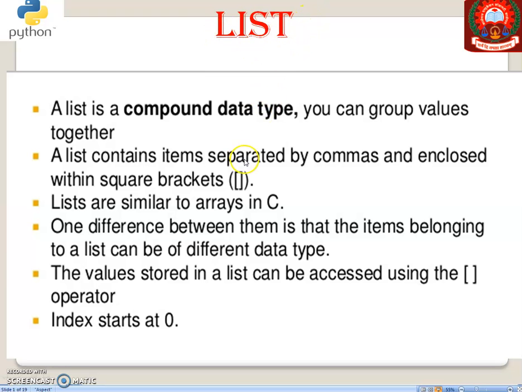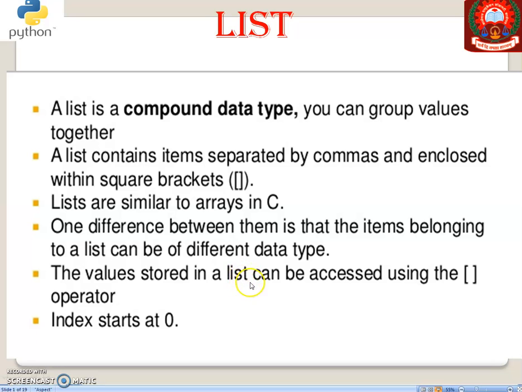It's very simple. A square bracket will be used for a Python list. Next, an array is of homogeneous data type, in the sense that once you declare it as an integer, you can't use another data type. In a list, the elements can be of different data types. That you have to remember.